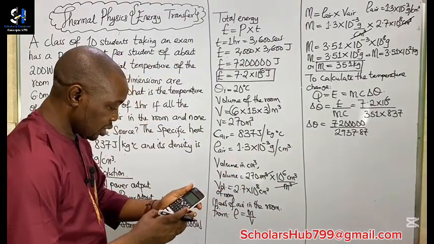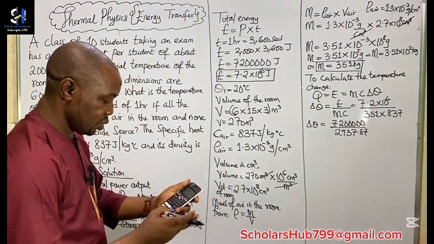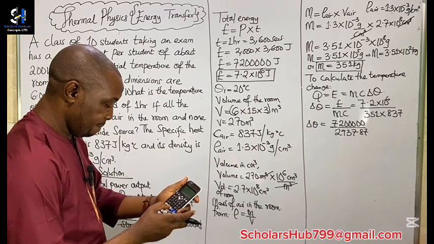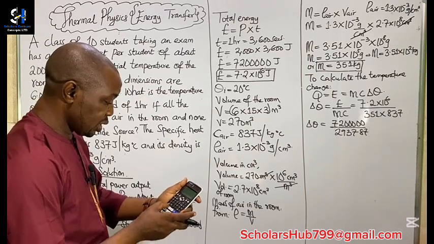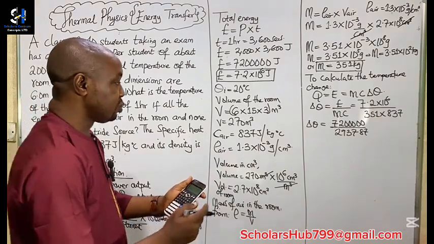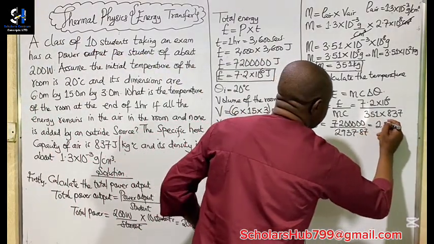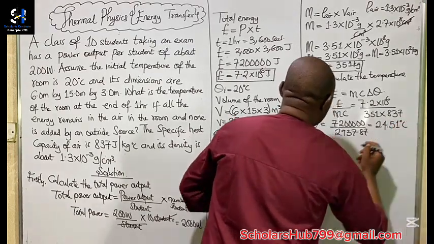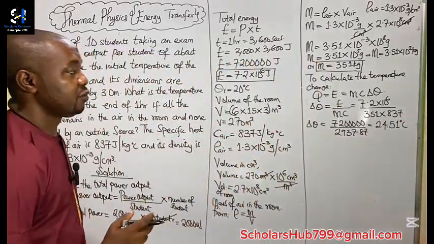So 7200000 divided by 293787 will be 24.51 degrees Celsius. 24.51 degrees Celsius.